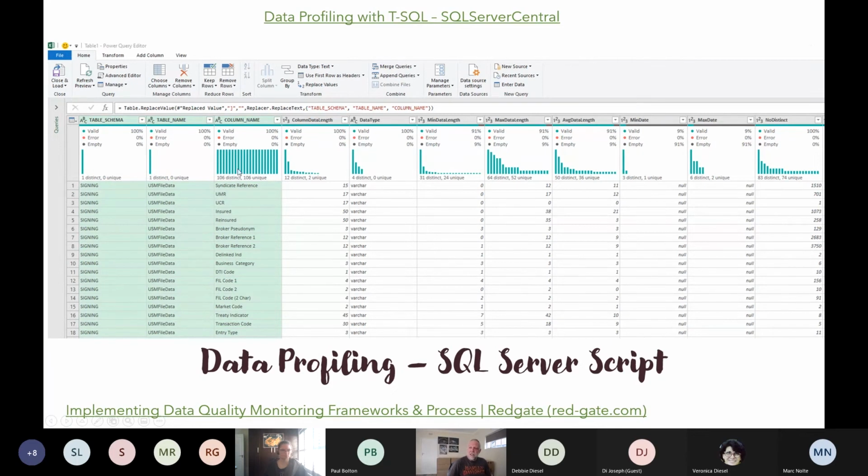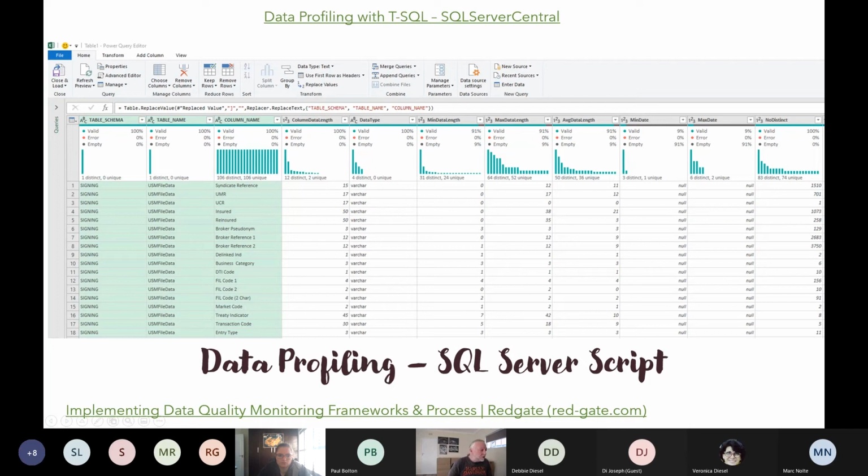Now, the nice thing is when I ran this profile, and I must admit it took me a while to get working because my data set had something like 250 columns, and because it was using dynamic SQL, it just ran out of space. There was a limit to the amount of dynamic SQL that I could execute with the way it was implemented. So I had to fix it this morning. But how nice is this, where you can run it, you can put it in Excel, you can right click and then look at the profile.